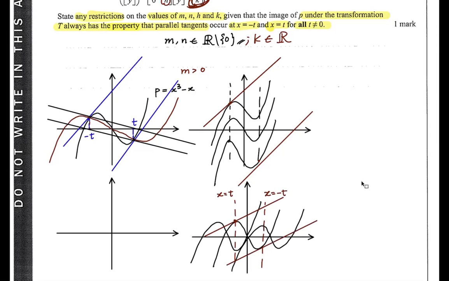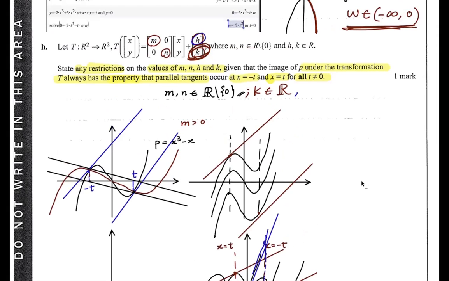But when you shift it to the left, at this point the tangent line looks roughly like that. However, look at this line and this line. See? The two tangents cross each other, not parallel anymore. Therefore, you can't take values of h other than 0. So h must be 0.